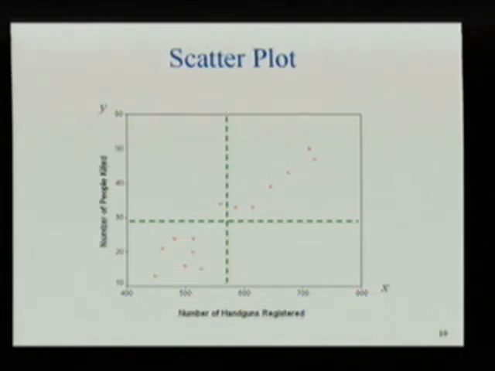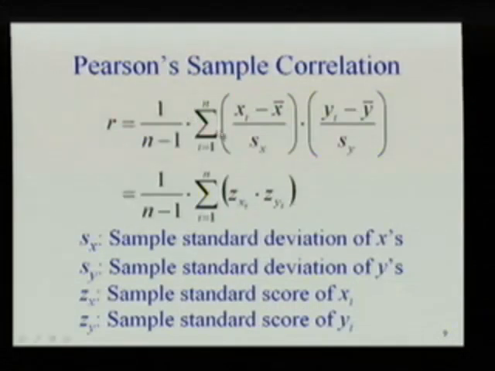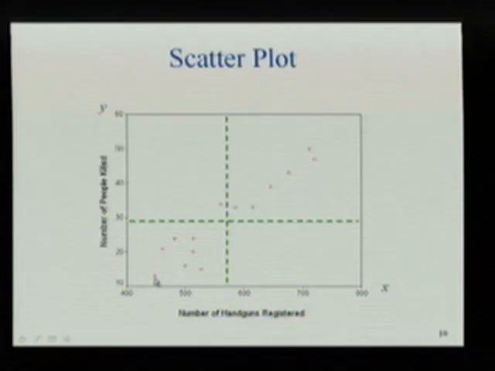And if you go back to this formula here, what are we doing in this formula? We're trying to find the product of the two standard scores of x and y, and add all these products. So it's accumulating the product of the standard scores of x and y. So if we accumulate the standard score for this point, it'll be negative because the standard score of x is a negative number, and the standard score of y will be a negative number.